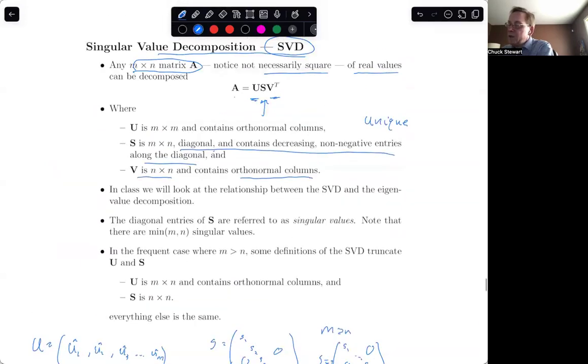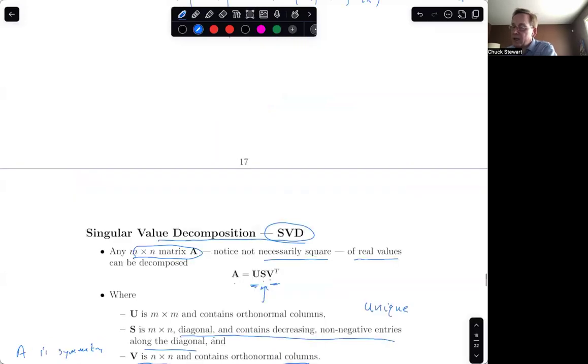So we have A is U S V transpose. Now, if A is symmetric and its eigenvalues are positive, or non-negative anyway, then when we write A equals, what do we use in notation wise?